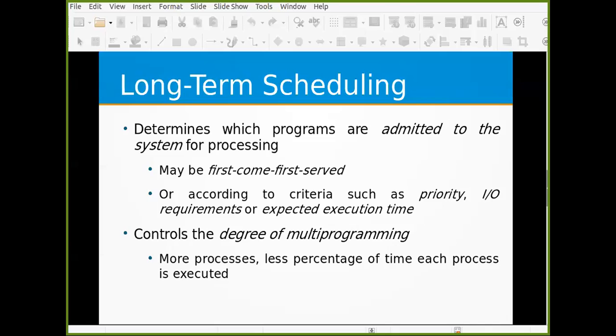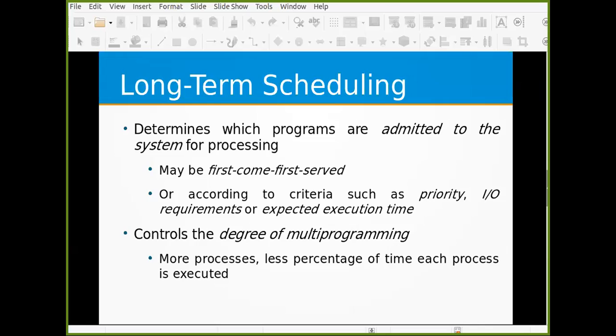So that is one thing. Purpose of this long-term scheduling. What is the purpose of this long-term scheduling? Why do we need to perform long-term scheduling? Why not, whenever a process is created, enter it into the system? Let's directly put it into the system. Why hold it back? So the reason is it controls the degree of multi-programming.